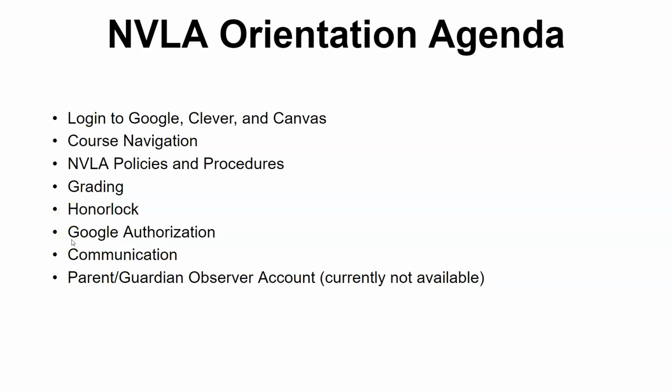We're going to make sure that you have authorized your Google account into Canvas so that you can easily turn in your assignments. We'll also talk about communication between students, parents, and teachers. And then we'll talk about the parent and guardian observer accounts, which right now is currently unavailable, but we hope to have the issue fixed and those accounts up and running as soon as possible.